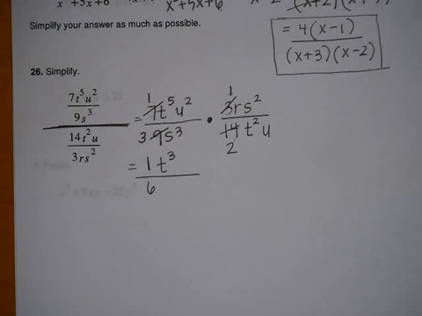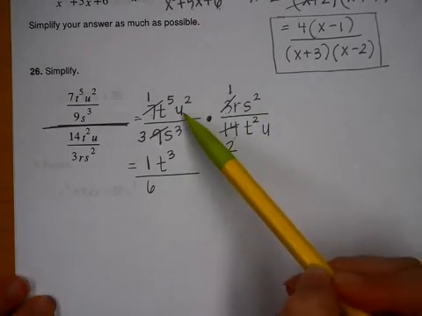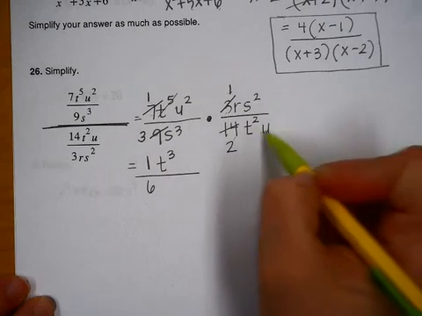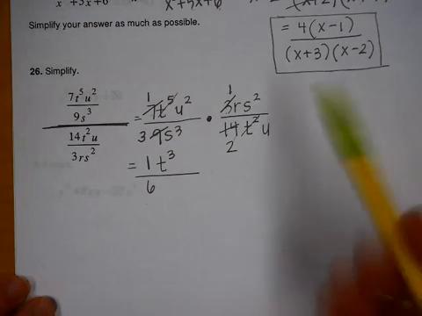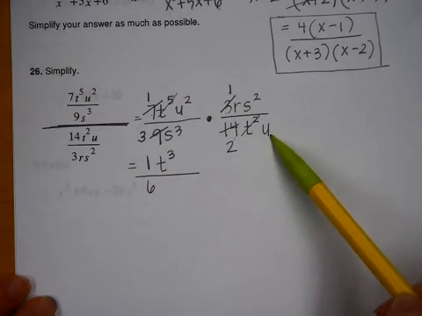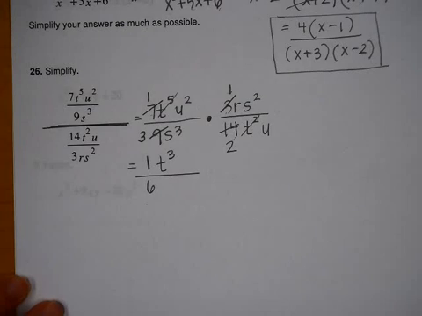Alright, what about your u's? I have u squared. I'm going to mark these out so you'll know you've already done those, okay? U squared over u. How many u's are going to be left? 1, and where's it going to land? The top. Very good.